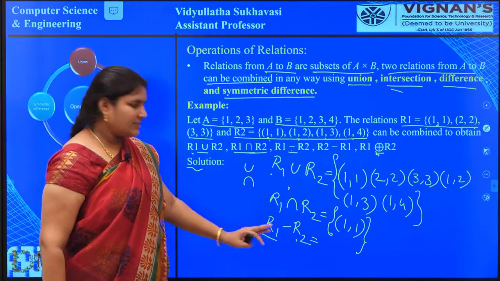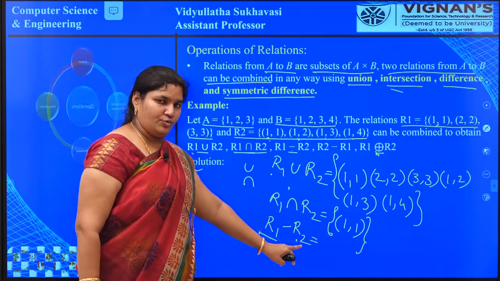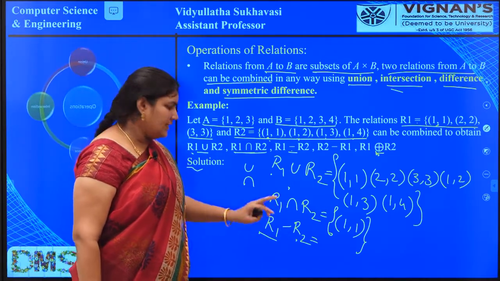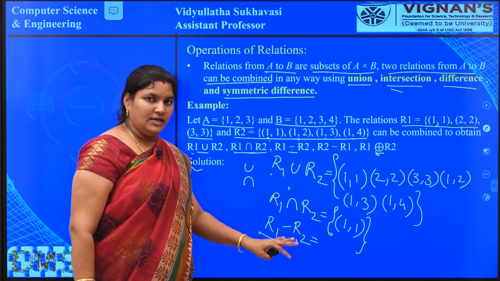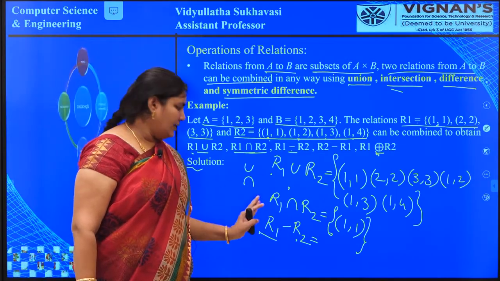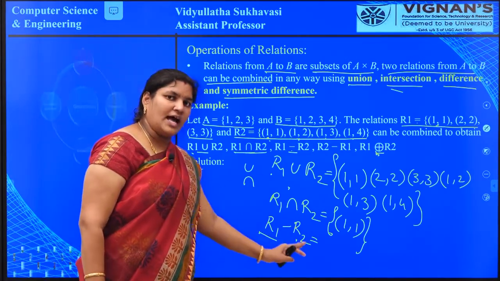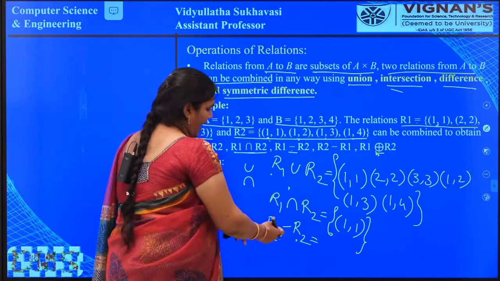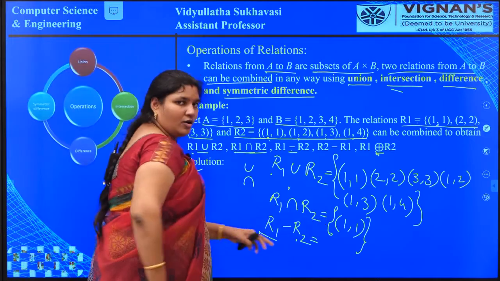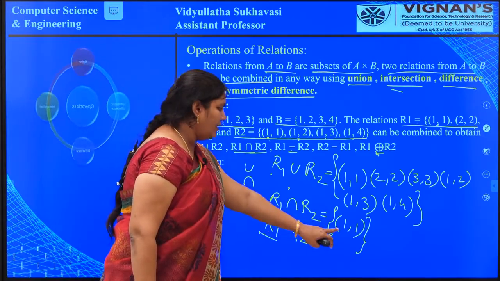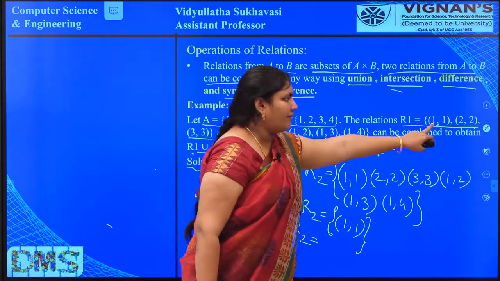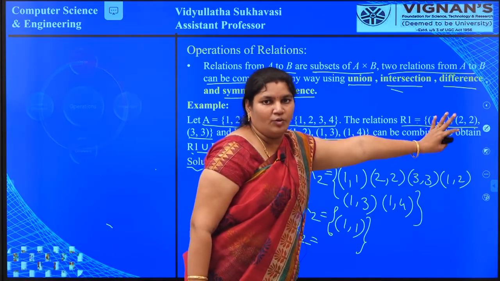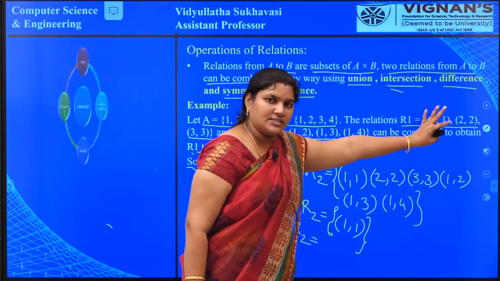So we don't represent any ordered pair from R2 in the solution. Only the ordered pairs present in R1 we are going to represent, and the common ordered pairs in both R1 and R2 should be removed. So in R1 and R2, what is the common ordered pair we have? 1, 1. That should be removed from R1. And we need to represent only the remaining elements of R1 in the case of R1 minus R2.